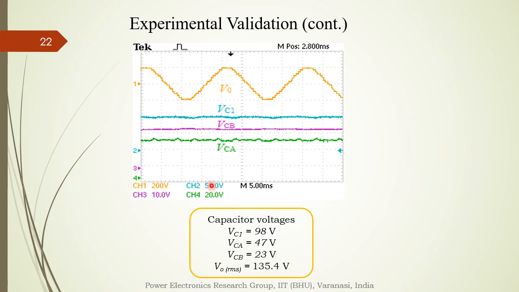You can see that the capacitors are self-balanced, at 98 volt, 47 volt, and 23 volt. So all the capacitor voltages match the theoretical calculations. The capacitors are self-balanced without using any external or additional circuitry.